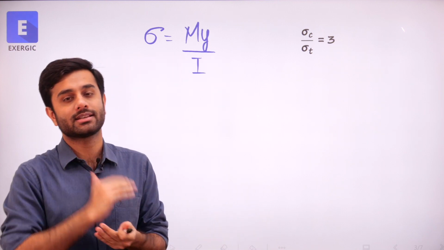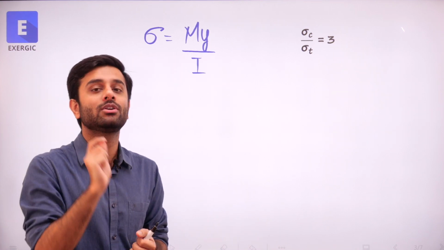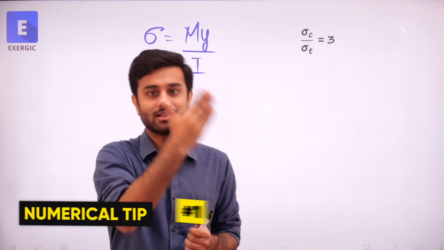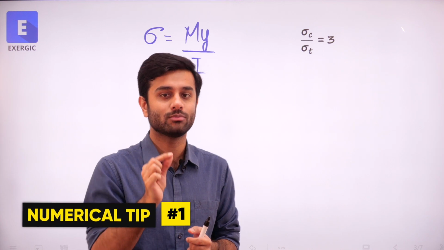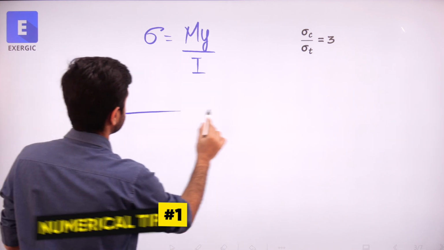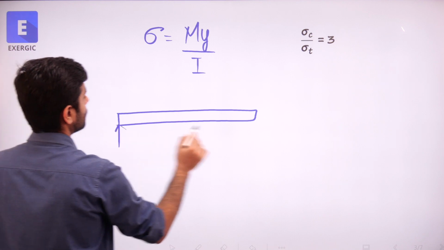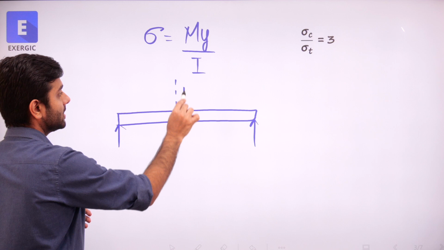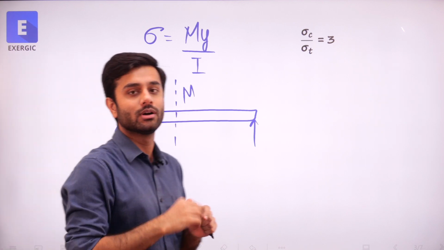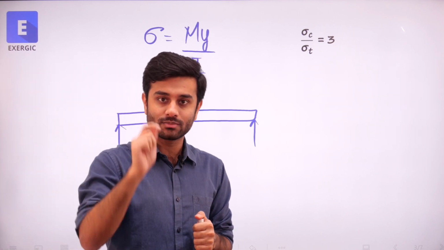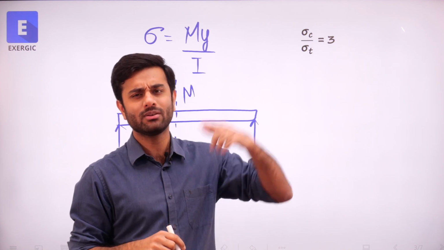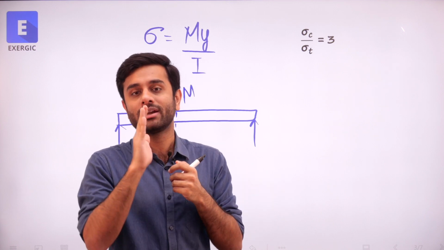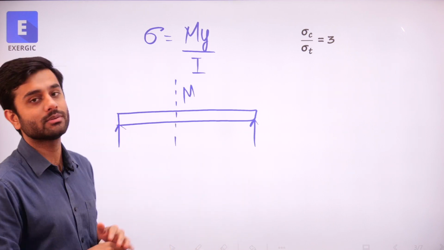For any given section, tell me, will the value of bending moment change? No. Any section will have a specific value of bending moment, right? If you have a beam, like the question said, an iron beam, whatever be the type of this beam, at any section you pick there will be a specific value of moment M. We will discuss more about bending moment in further units, where we will discuss bending moment and shear force at a given section of the beam.